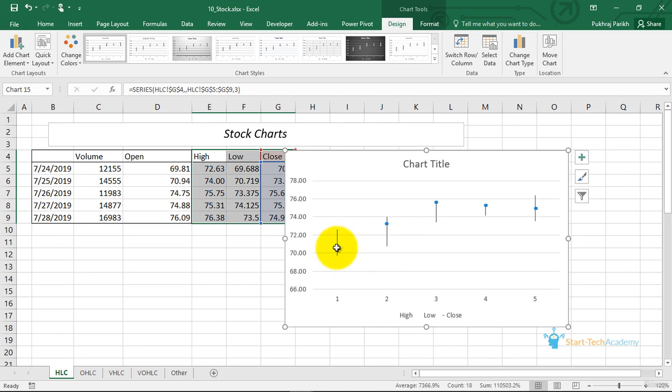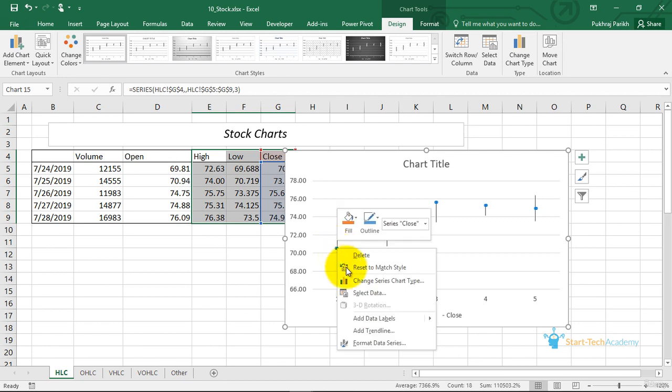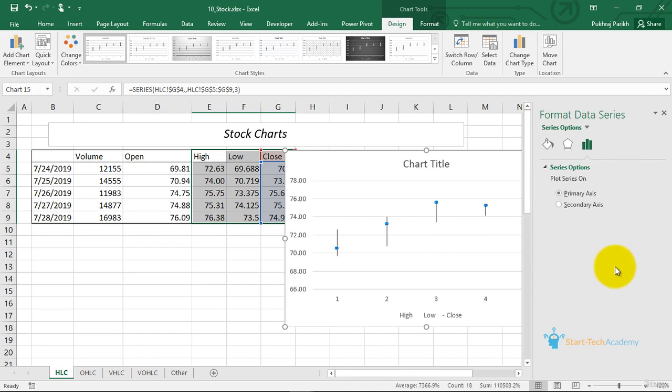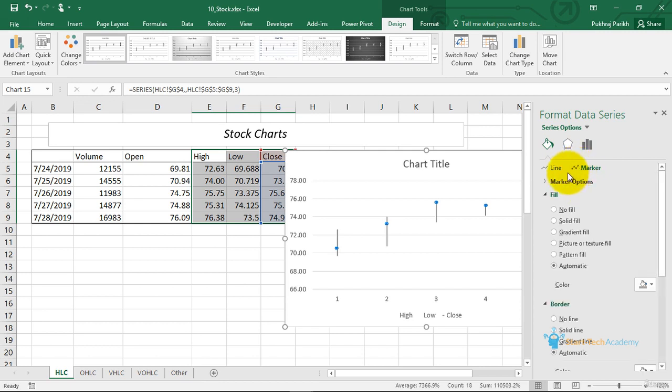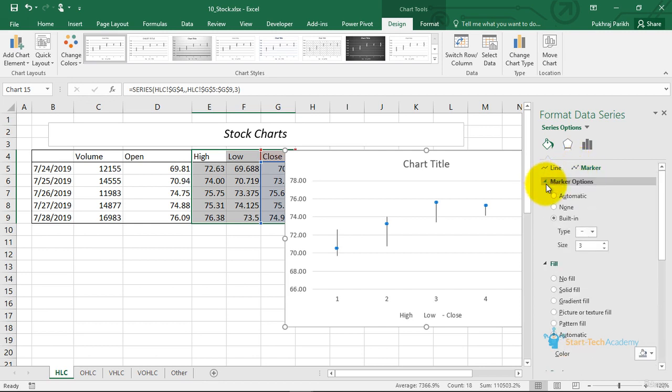So you know how to change it. You right click on it, select the format data series option. In this fill and line option, you can select the marker one, and within these marker options you can increase the size, you can change the type of marker. You can use a square, circle or a triangular marker, or a cross one.